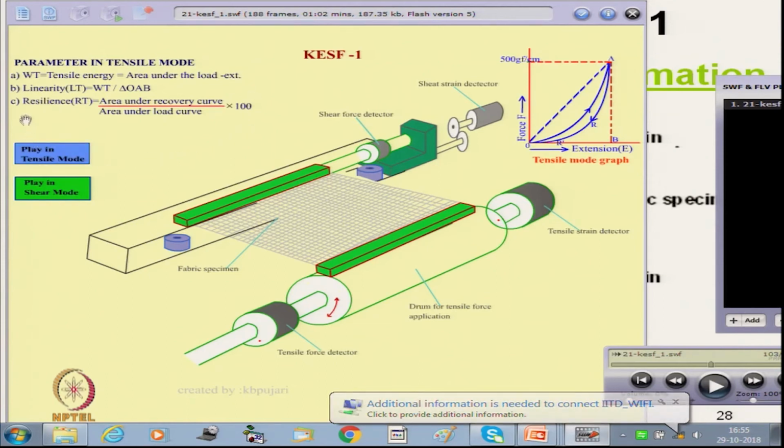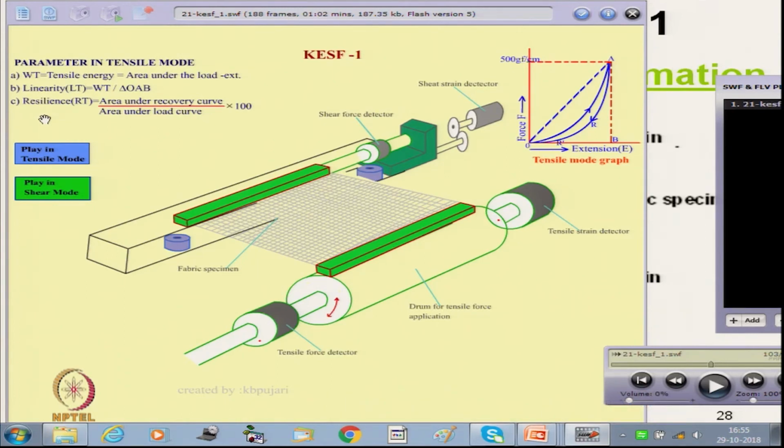Similarly, resilience RT, resilience during stretching, is the area under the recovery curve divided by the area under the loading curve, multiplied by 100.